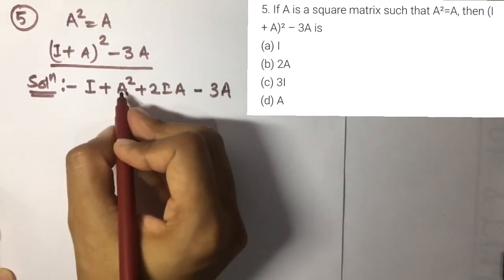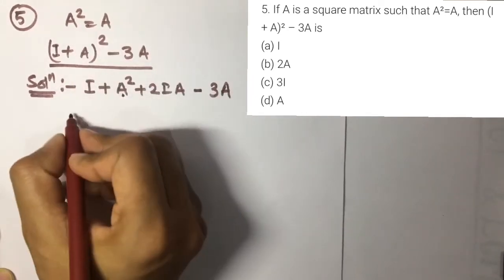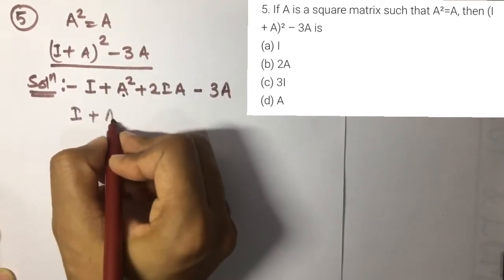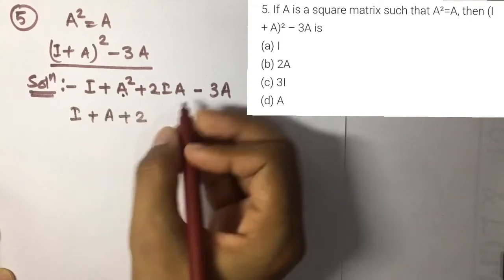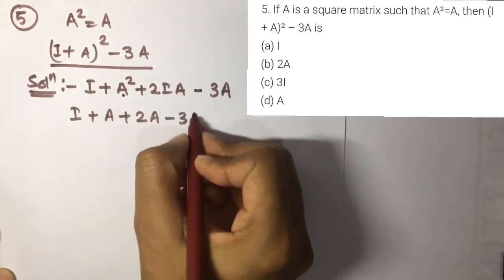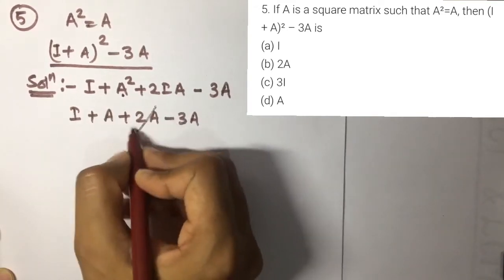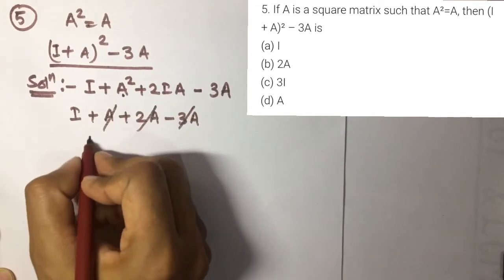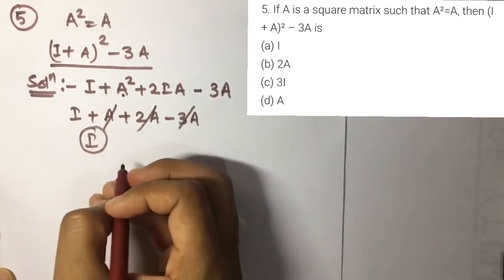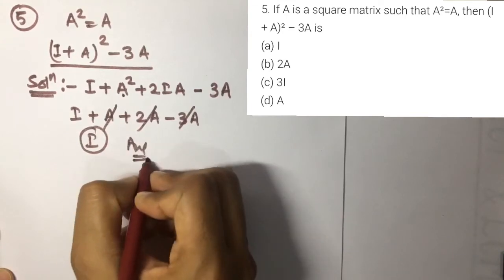We get A square, in place of A square we write it as A. So I plus A plus 2 I into A, that is A minus 3A. So A plus 2A minus 3A, this get cancel out and we get only I. This is the identity matrix. So option number A is the correct answer.